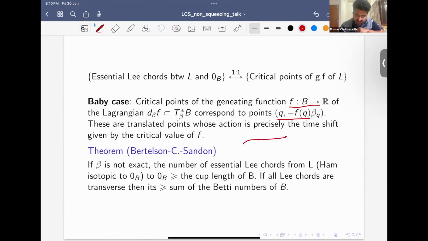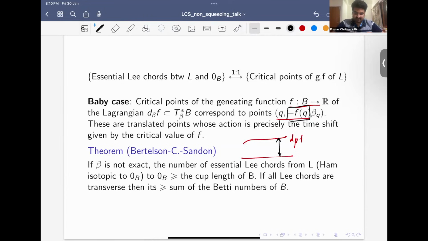You have your dβ of f, and you have your zero section, and the critical points of f correspond to Lie chords between the zero section and dβ of f, such that the time shift of these Lie chords are precisely the critical values of your function.